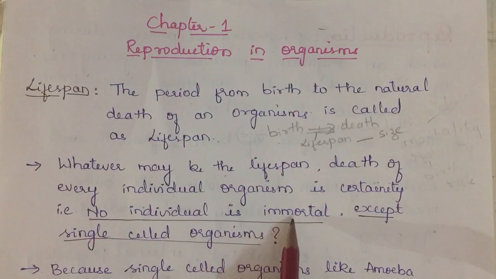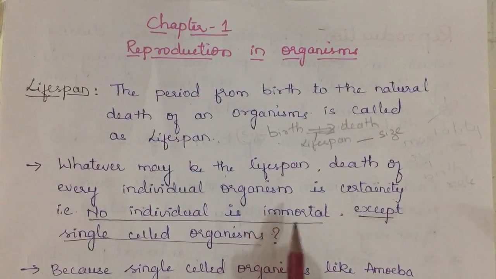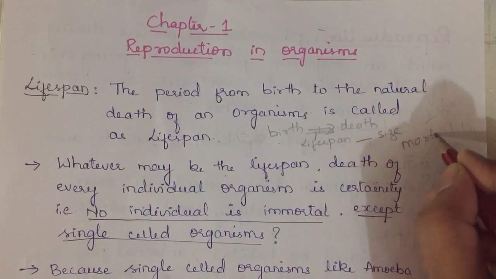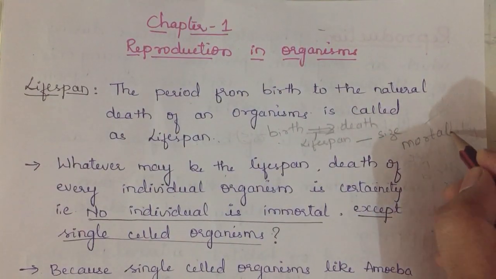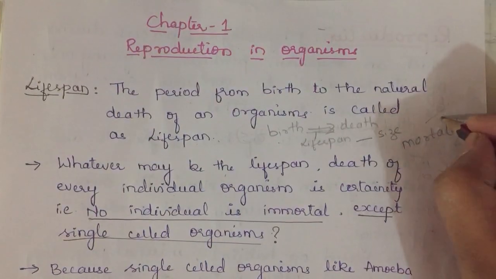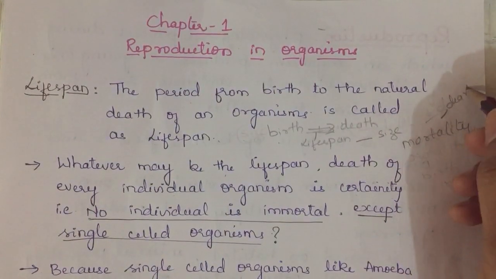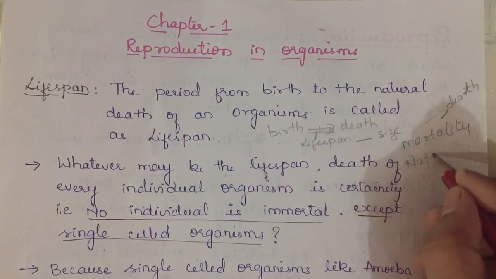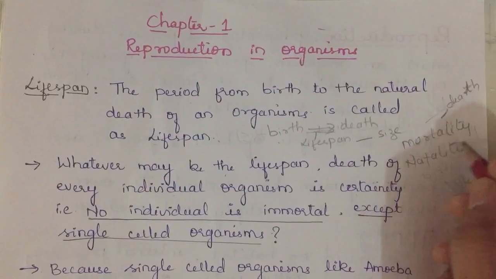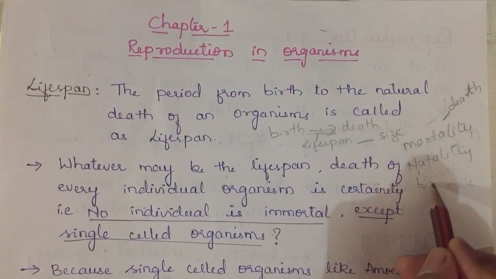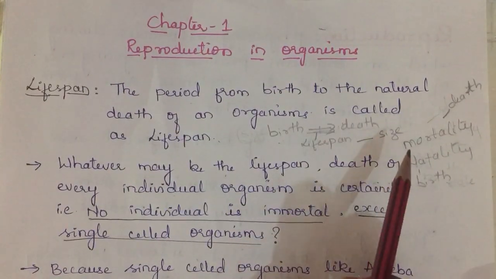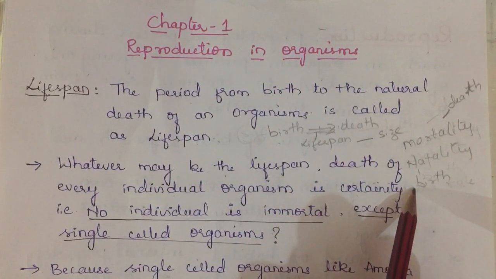What do you mean by mortal? We use mortality for death rate or death, whereas natality is used for birth. So mortality means death rate, natality means birth rate.